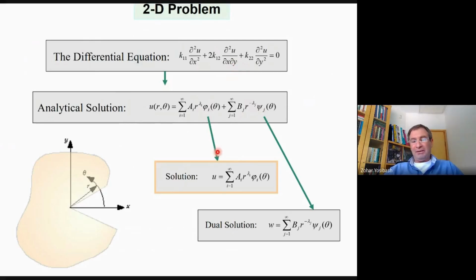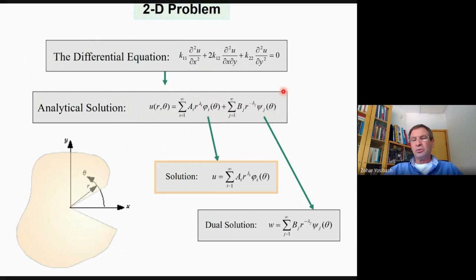Now, what happens if this represents, for example, temperature? The Laplace equation can represent physically a temperature field. If I would consider these terms, when r goes to 0, I will get an infinite temperature field at these points. Therefore, we say that from the physical point of view, these terms cannot serve as a solution of a physical phenomenon.